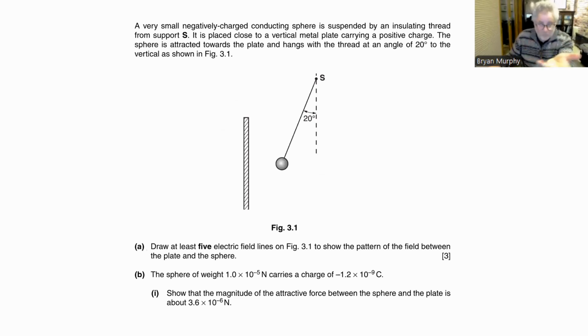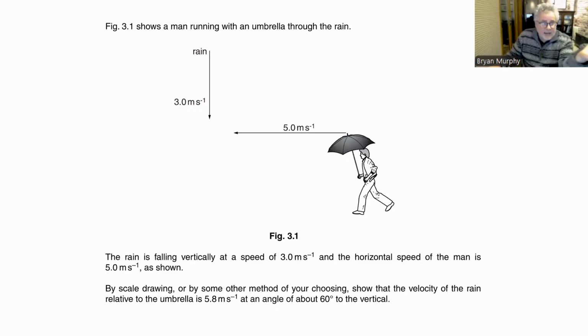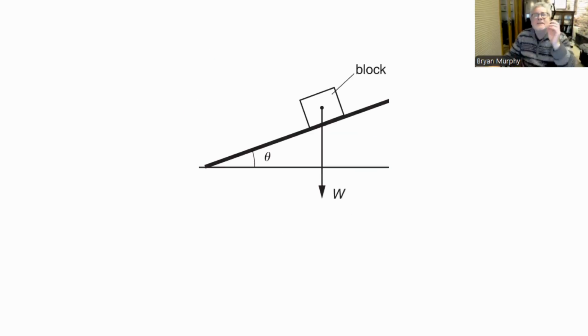Again, in electrostatics, we're going to have to do something with vectors. In raindrops, we're going to have to do something with vectors, and there's the diagram. We're going to learn how to draw the forces on that block. It's remarkable how many different diagrams I've seen of the forces drawn on that block.